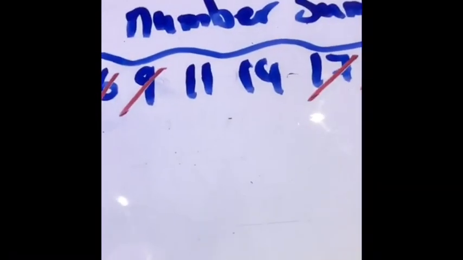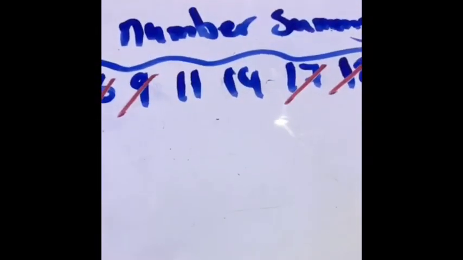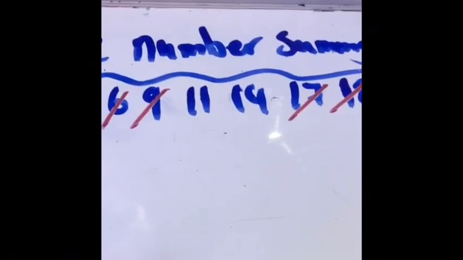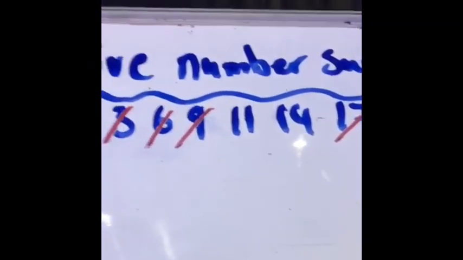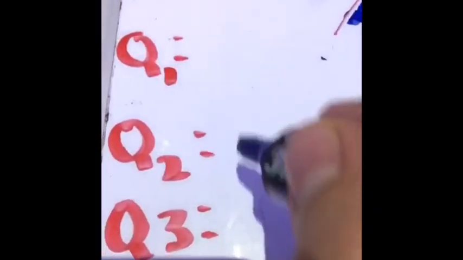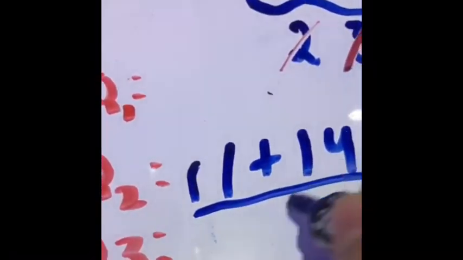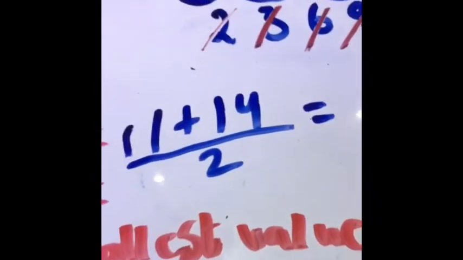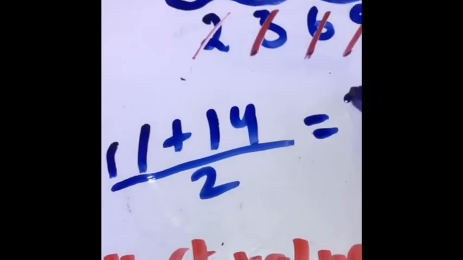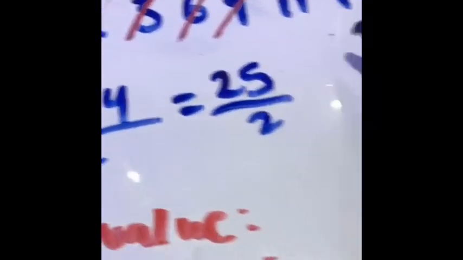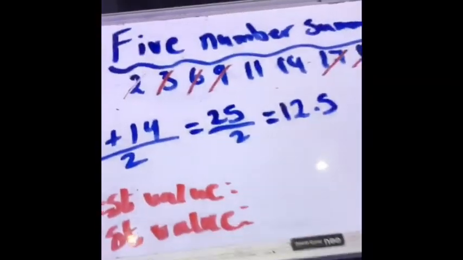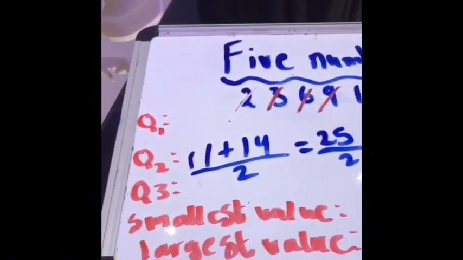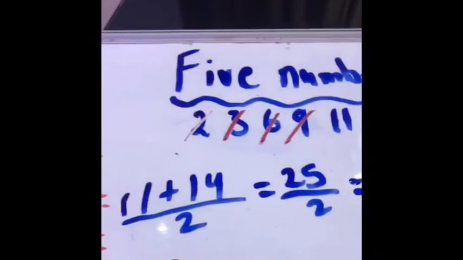Now we are between two numbers that we cannot cancel out. So what we do, we take the average of these two numbers. So Q2 is the average of 11 plus 14 over 2, which is equal to 25 over 2, which is equal to 12.5.